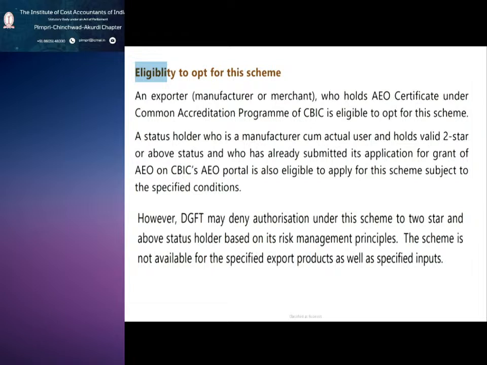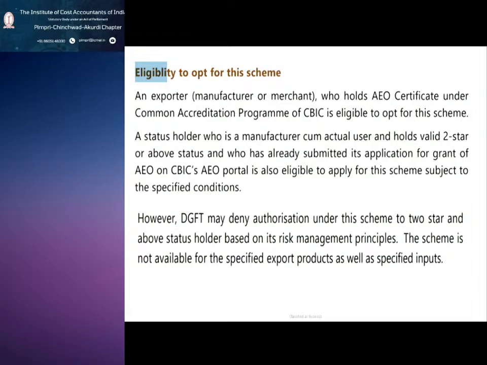So what is that condition? The DGFT will check whether there is any risk, and the scheme is not applicable for the specified export products as well as specified inputs. There is an appendix which is maintained.